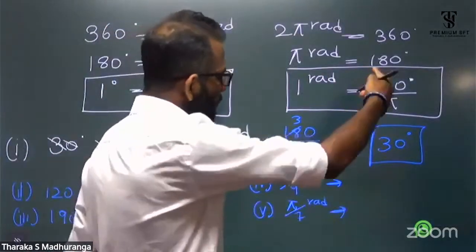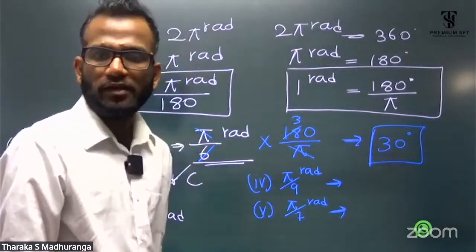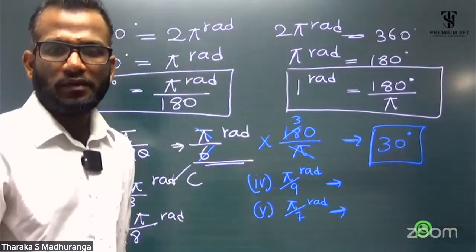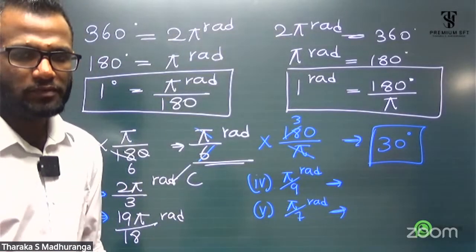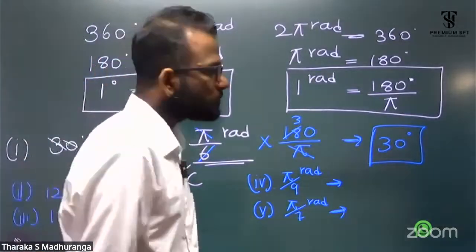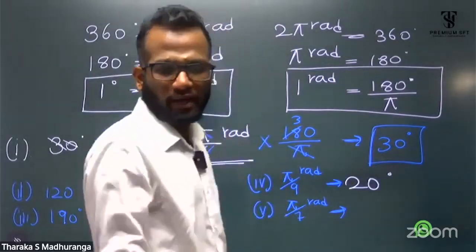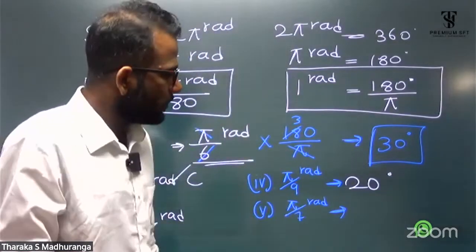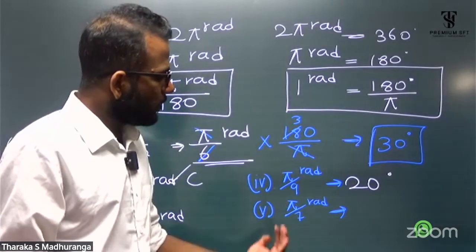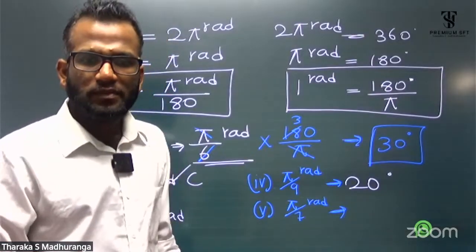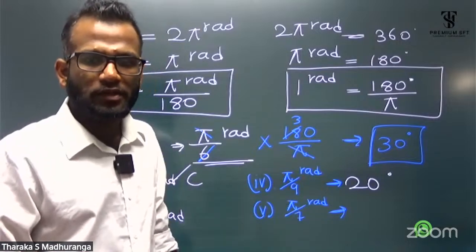π/9 multiplied by 180/π. Then π and π cancel out. 180/9. It's easy. 180/9, right? What's the value? It's 20 degrees. Any doubt, please ask, because if I discuss again, it's a waste of time. π/7 gives 180/7, because π and π cancel out. 180/7.